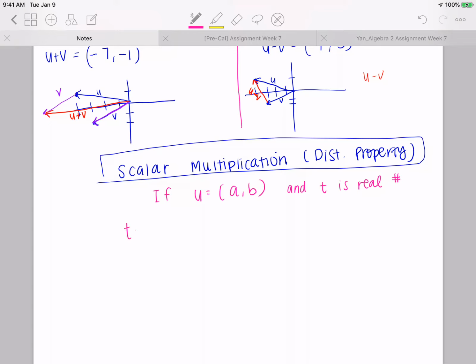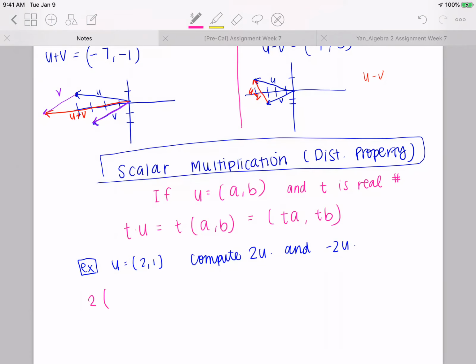Let's just do a quick example. If I have u equals 2 comma 1, and I want to compute 2u and negative 2u, then I'm really just going to take 2 times 2 comma 1, which is 4 comma 2, and I take negative 2 times 2 comma 1, which is negative 4 comma negative 2.